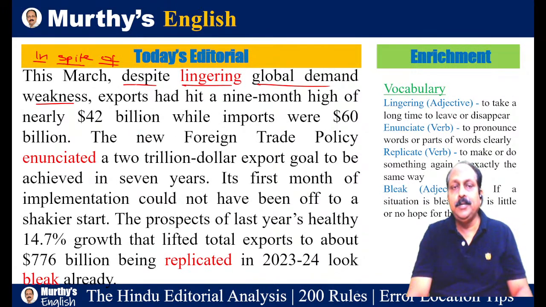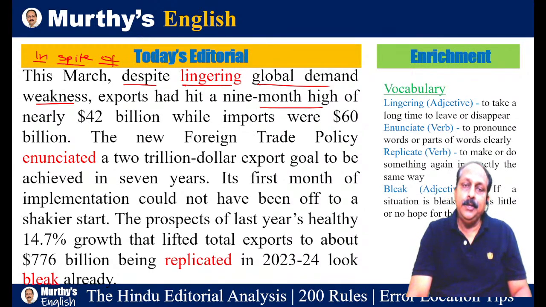So here, despite contrasting, despite lingering global demand weakness, something positive. What is that positive? Exports had hit a 9-month high of nearly 42 billion US dollars, while imports were 60 billion US dollars. In spite of the fact there was lingering global demand weakness, something positive has happened.